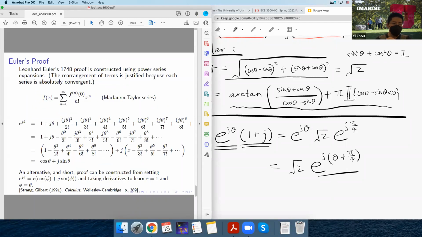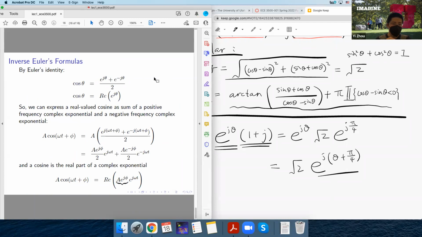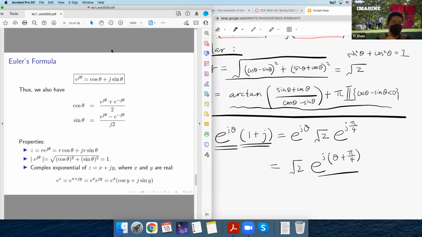Okay, so last time we ended up here. So we have this Euler's formula, which tells us that the standard complex exponential can be decomposed into such a Cartesian form. And with this, remember that sine and cosine functions have a very nice representation in terms of the complex exponentials.